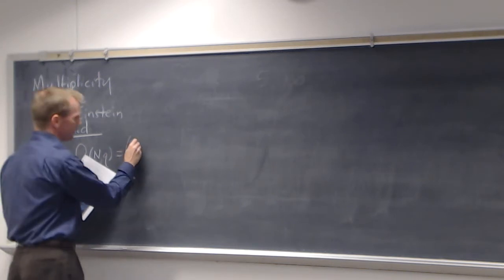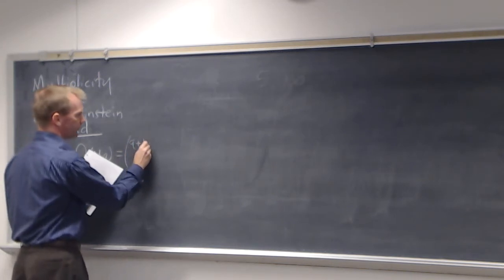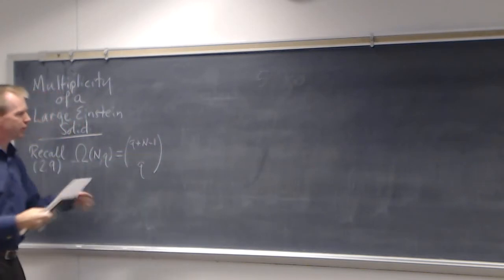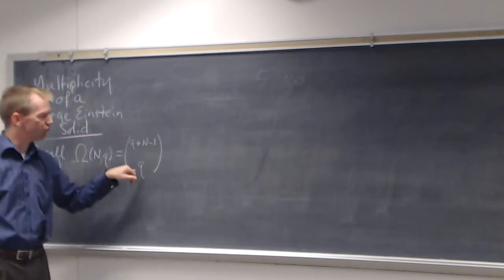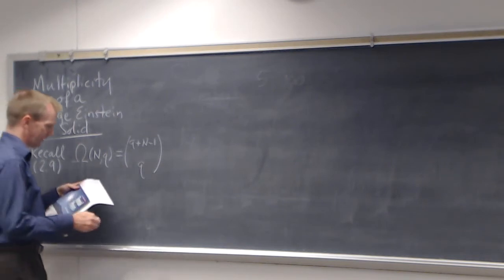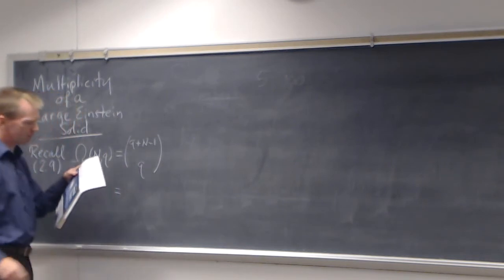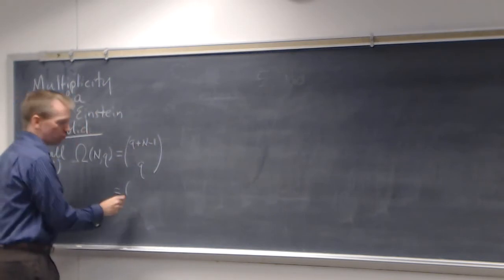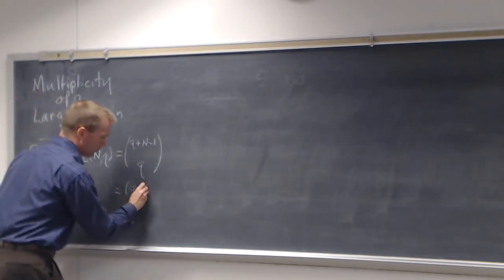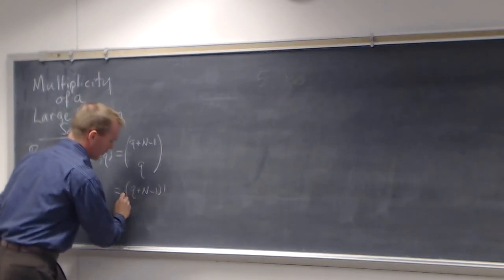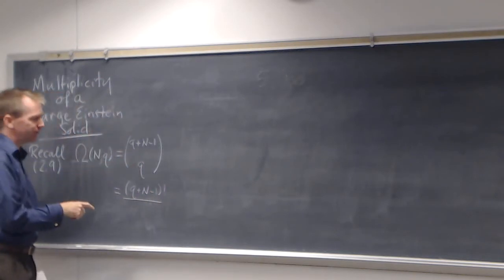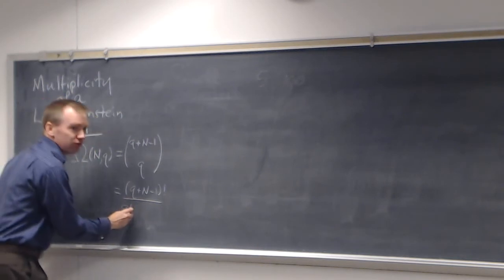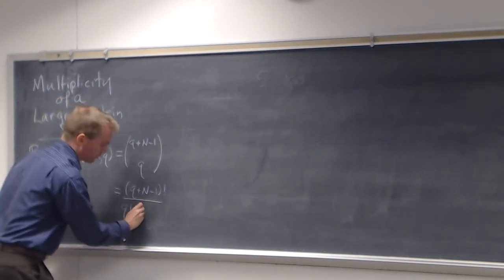The multiplicity is, in the upper part, Q plus N minus 1. We have Q plus N minus 1 things, choose Q. It's a way of saying it, awkwardly. And the formula becomes this factorial: Q plus N minus 1 factorial, over Q factorial times N minus 1 factorial.